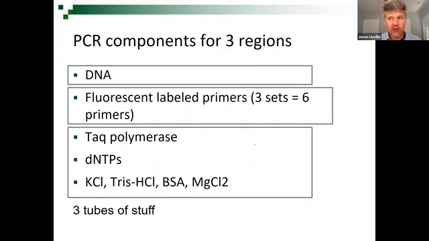Now, if we were to do this in our class, we're going to amplify more than one, but we're not going to use the expensive commercial kit that we only have a little bit left of and it's probably expired. For our research and teaching in our laboratory, we actually have created our own multiplex reaction. The reason I chose 3 is we tried to do 4 and it didn't work. But if we look at 3 regions for everybody in a class of 24, if you do the statistics where your profile is going to match 1 in 1,000 people, everybody's going to have a different profile.